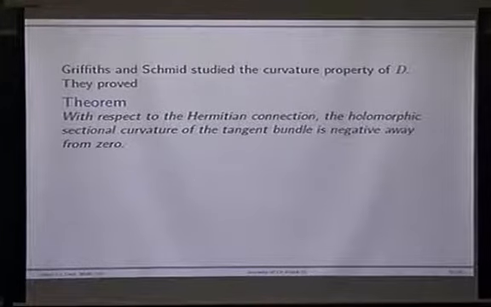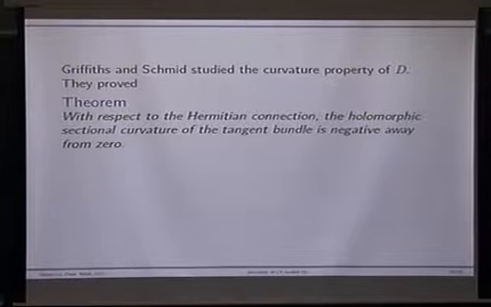One of their results is that if D is a complex manifold and we study its holomorphic tangent bundle, then with respect to the Hermitian connection, not the Levi-Civita connection, because it's not Kähler in general, they were able to prove that the holomorphic sectional curvature of the tangent bundle is negative away from 0.